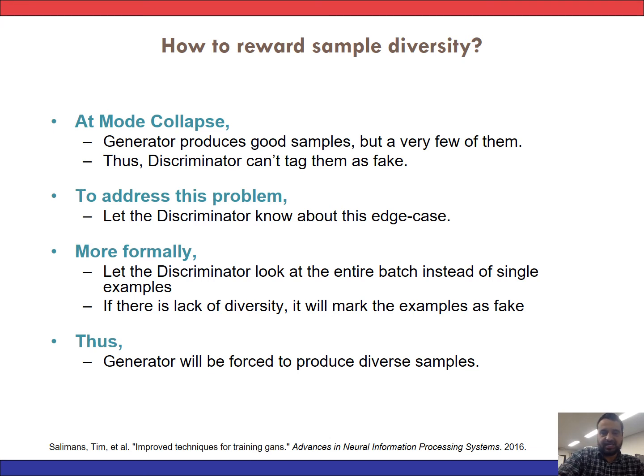In terms of mode collapse, there is no diversity because all the outputs are exactly the same. So if the discriminator gets inputs which lack diversity, then we can decide that this is a mode collapse problem, and we need to force the generator to generate more diverse samples.